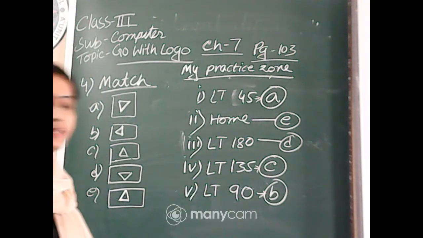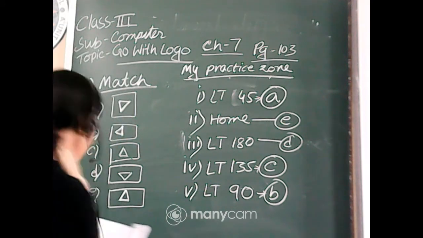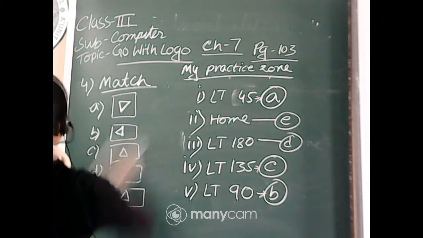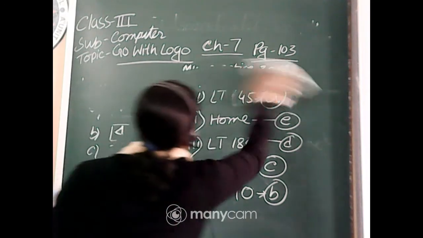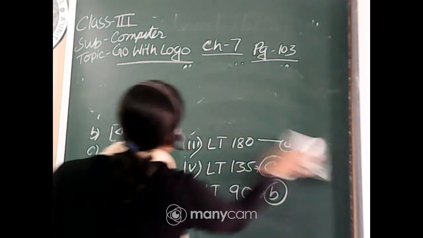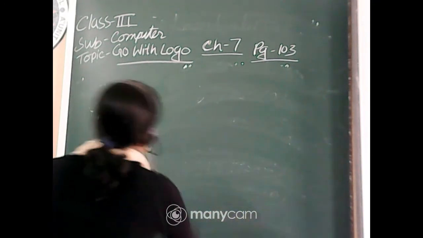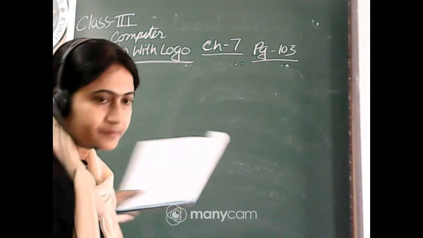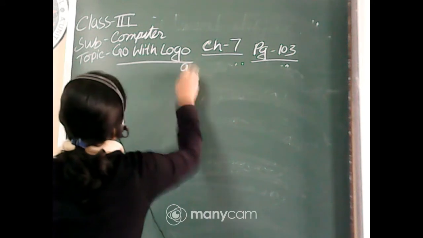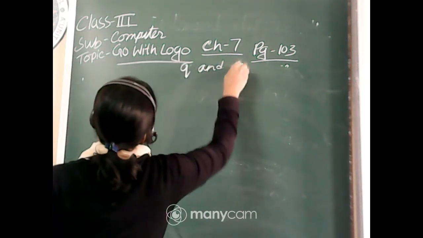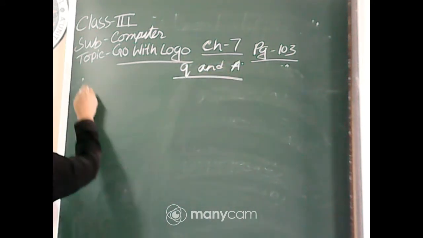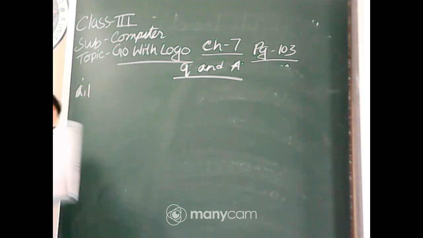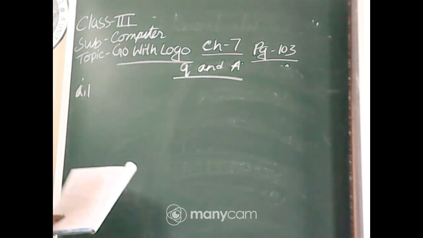I hope you have completed it. Now please take out your notebook and write down the question answers. Chapter number 7, Q and A. Okay, write down the heading, chapter number 7, Q and A. Now first question, number 1.